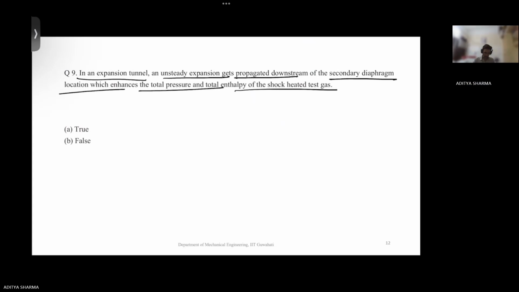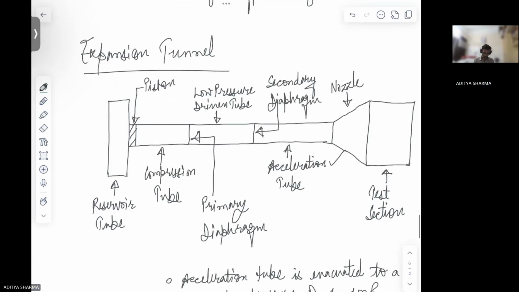The unsteady expansion gets propagated upstream, not downstream of the secondary diaphragm. If you see your expansion tunnel, this is your secondary diaphragm.